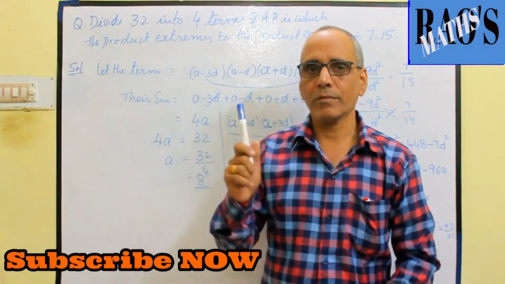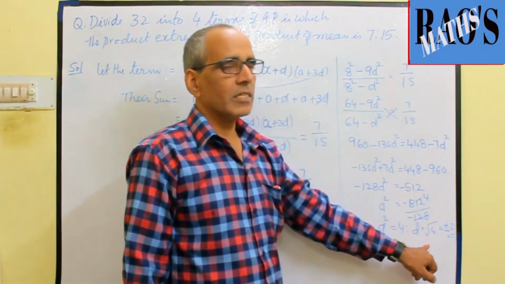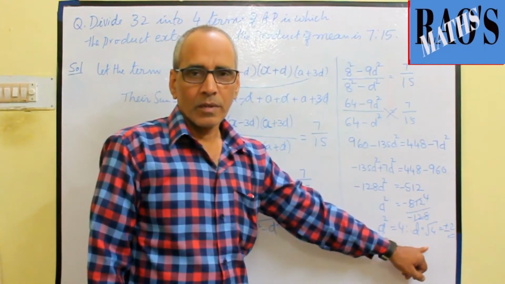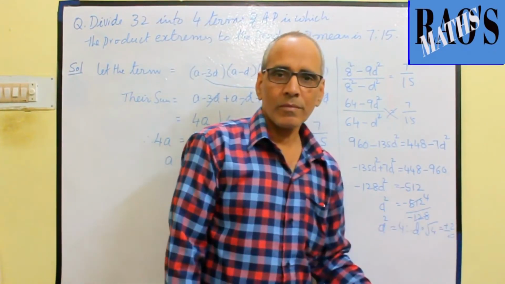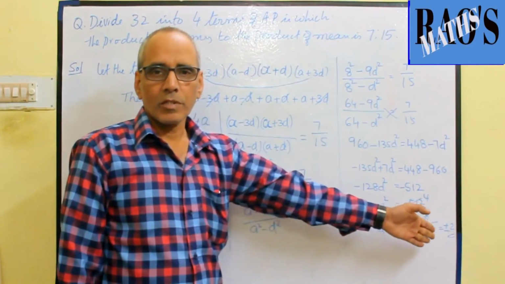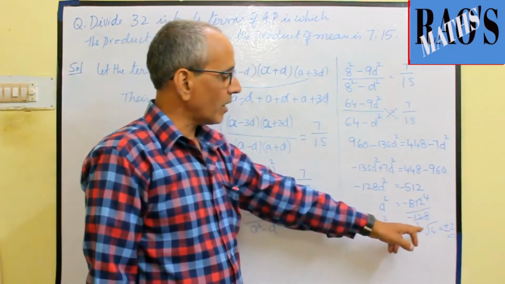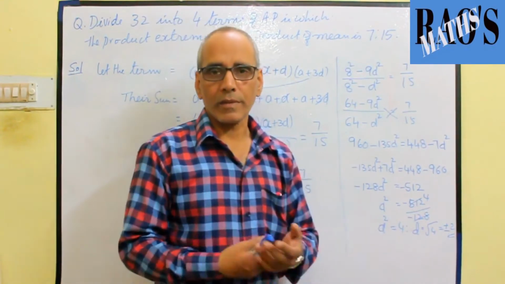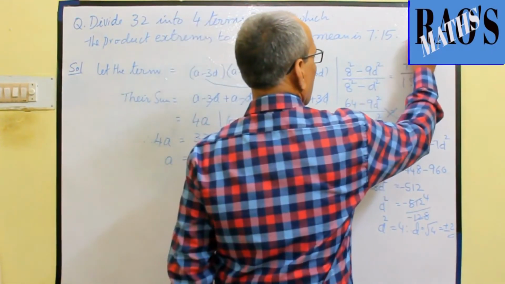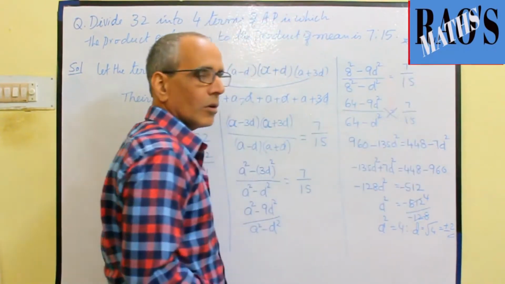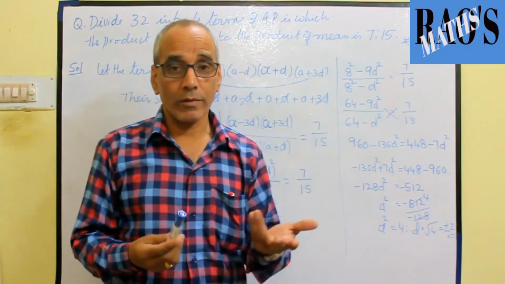For all these questions, we get 2 series of APs, because every time we get a square number at the end, and the square root of any positive number is either positive or negative. So when I take the positive value of D, the series is different, and negative value of D, the AP is different. So this is also an important question. By using the ratio of the extremes and means, we find the required AP.